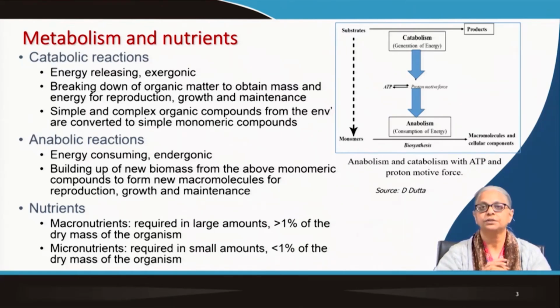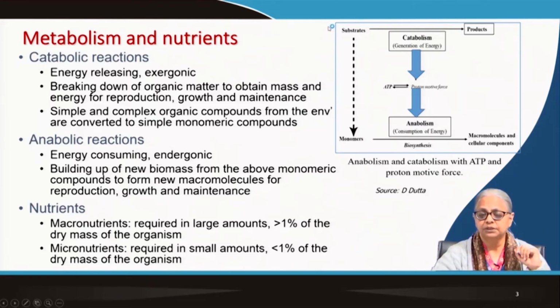Now different organisms obtain their energy in different ways. The food is different. All organisms do not eat the same food, they do not utilize it in the same way, and we're going to look at how different organisms derive energy from different substrates.